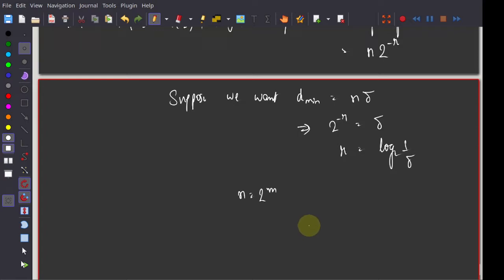Right now we're interested in the regime where n tends to infinity. So r is something which is a constant, and n is roughly 2 to the m. So m should grow with n. M grows as log n.